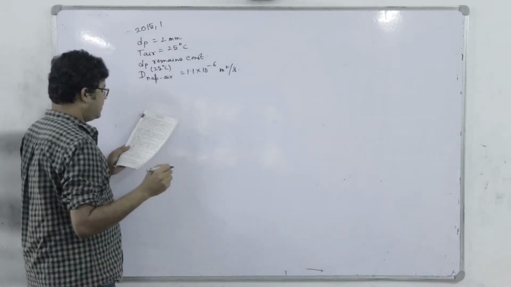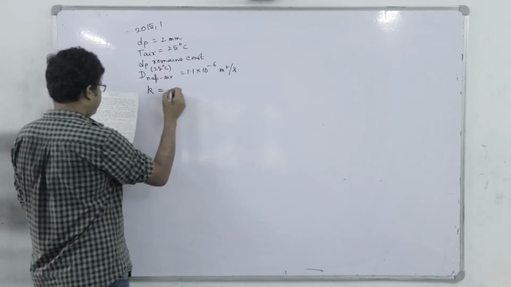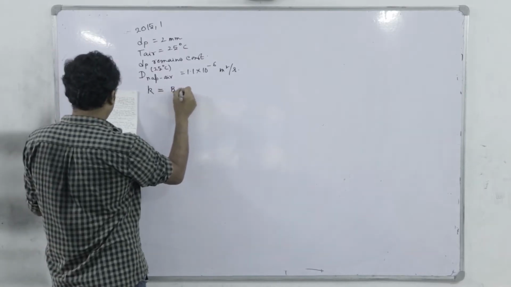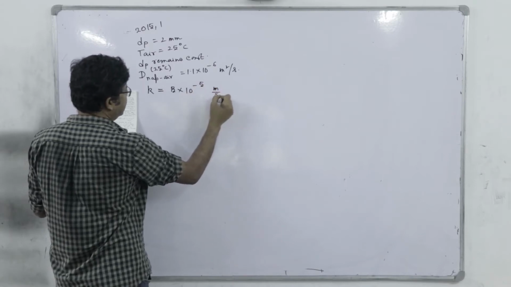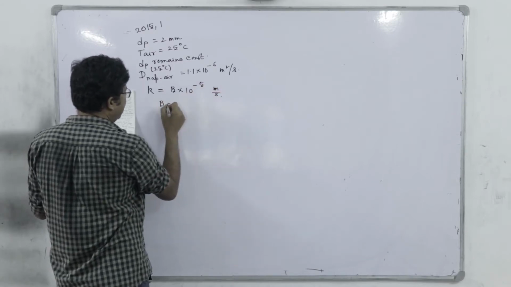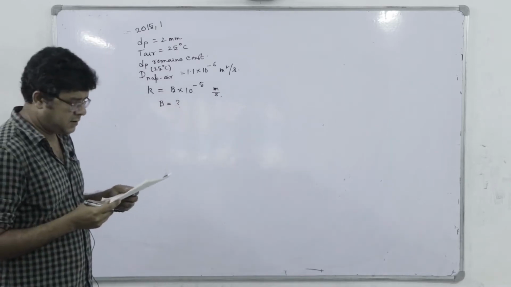What is asked? The value of mass transfer coefficient K is B into 10 to the power minus 5 meter per second. Now, we have to solve for B. That is the question, 1 mark question 2015.